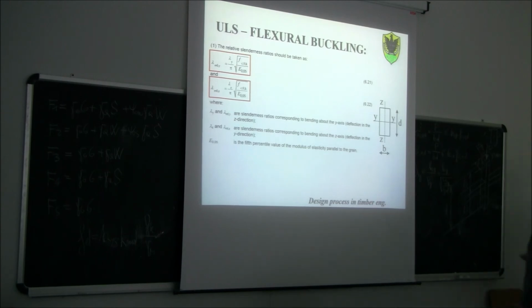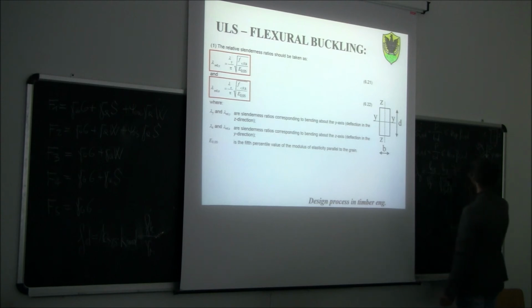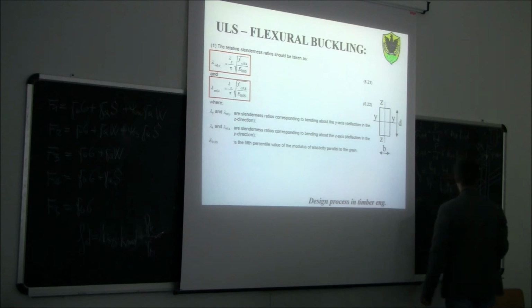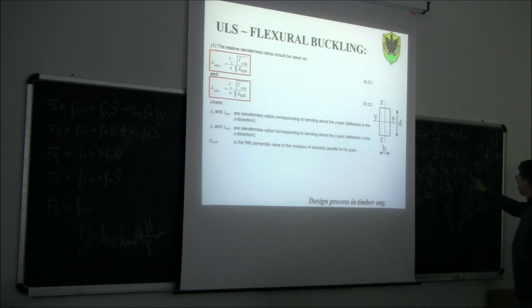Well, J_y is B D cubed divided by 12. So in the end, lambda y is equal to L0y divided by the square root of B D cubed over 12 divided by B D, which is basically D squared over 12.